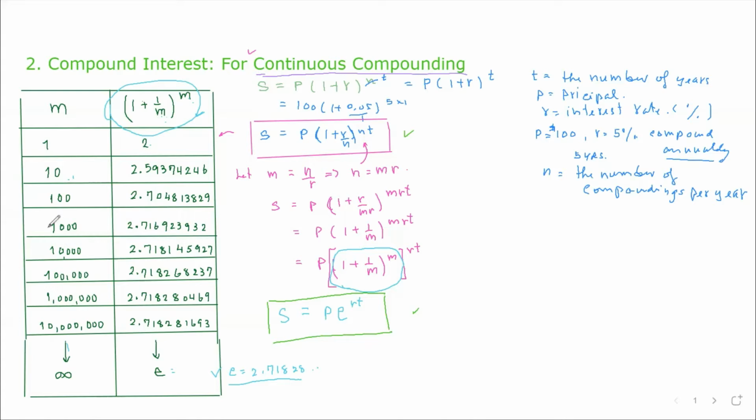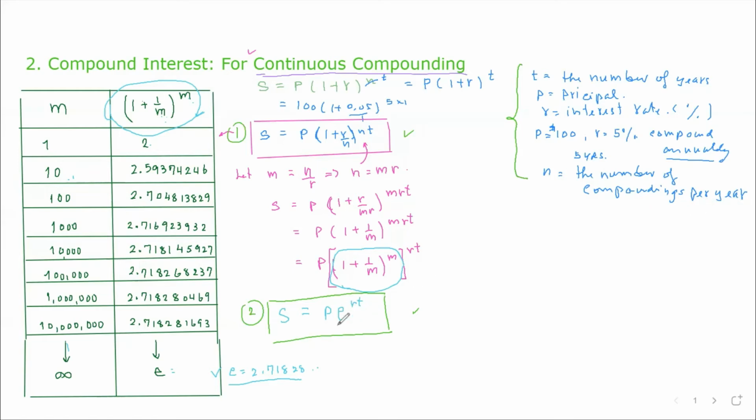The first one is n compoundings per year, and the second one here is the formula of continuous compounding: S equal to P e to the power r t. Okay, and the definition for each letter is here. t is the number of years, P is the principal, r is the interest rate, and n is the number of compoundings per year.